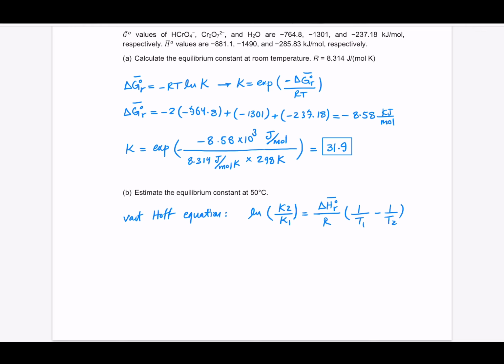Similar to delta G, delta H for a reaction based on the species is basically the same. Delta H for the reaction at the standard state uses the stoichiometric coefficient and all the other things we talked about.